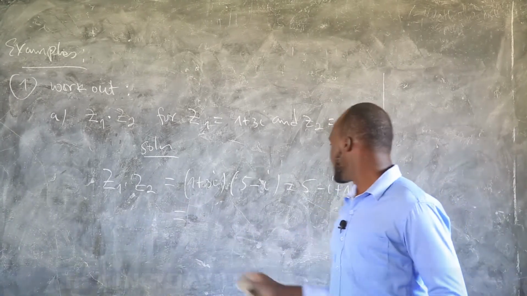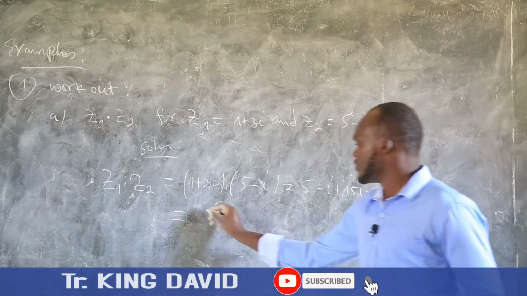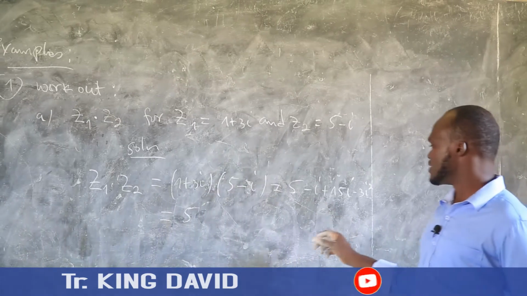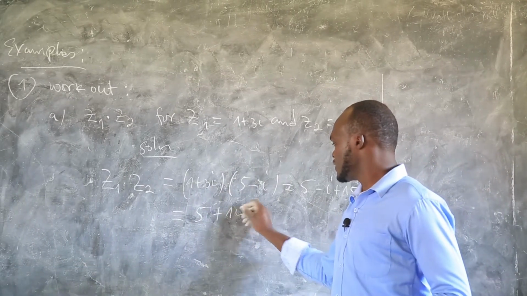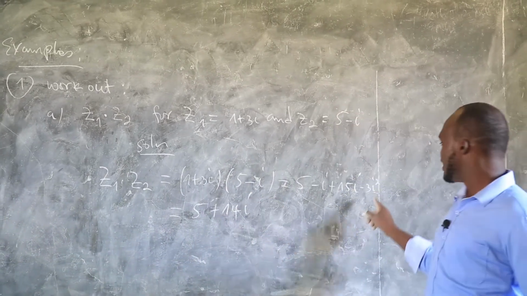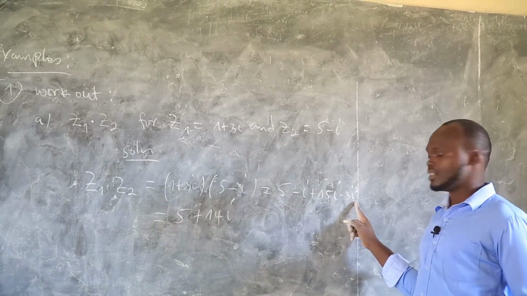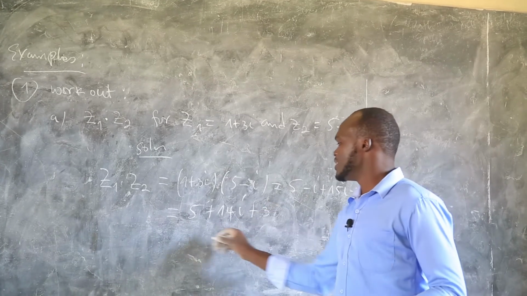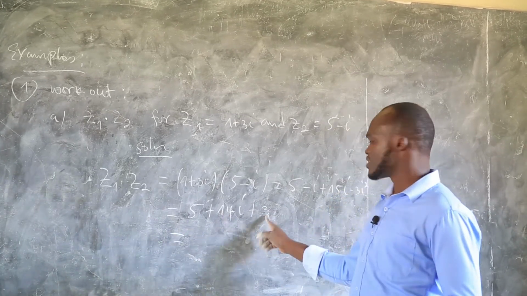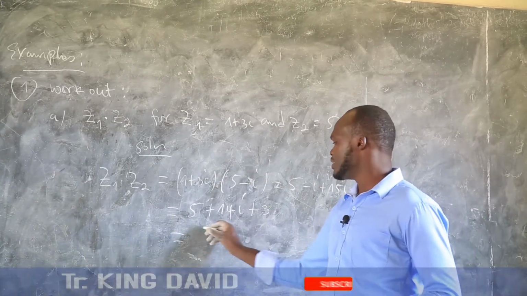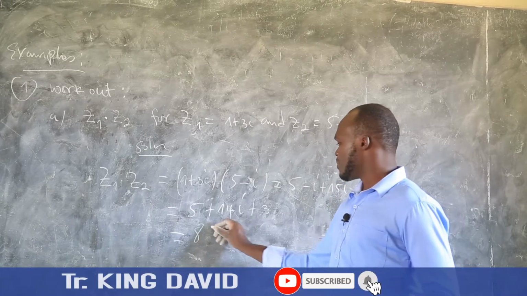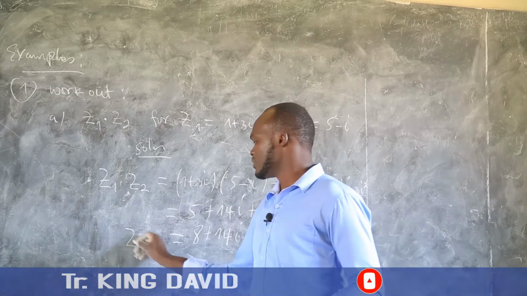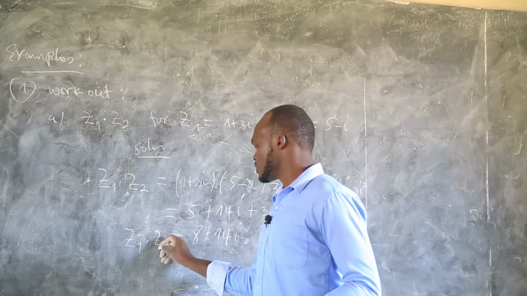So now the answer is 5 minus i plus 15i, that is 14i. Then i squared is negative 1, negative times negative comes positive, that is +3. So now the answer is 5 plus 3, because 5 and 3 are real part, which is 8, plus 14i. So this will be Z1 times Z2.